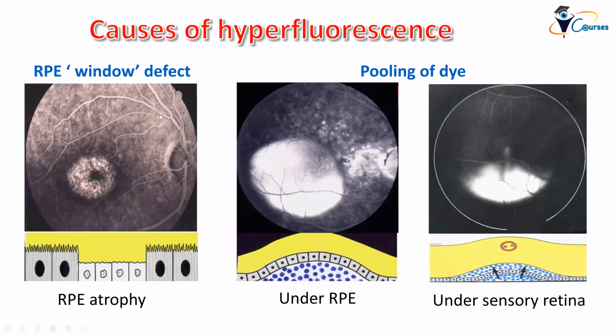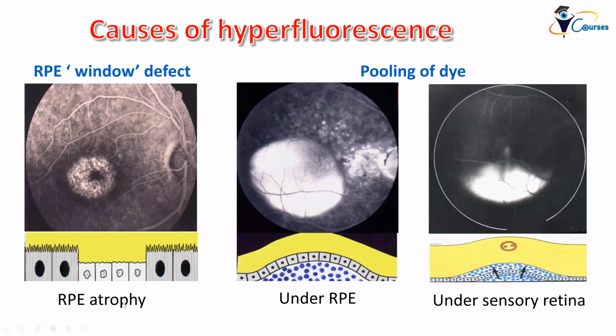As we just mentioned, there is patchy choroidal filling, and the choriocapillaris are covered by a layer of retinal pigment epithelium. So this retinal pigment epithelium causes masking of the fluorescence, masking of the hyperfluorescence of the choriocapillaris.